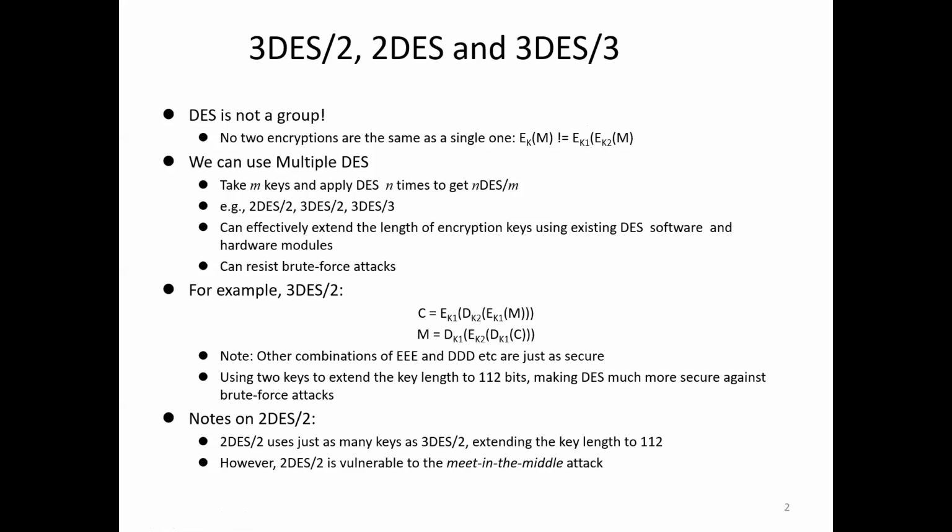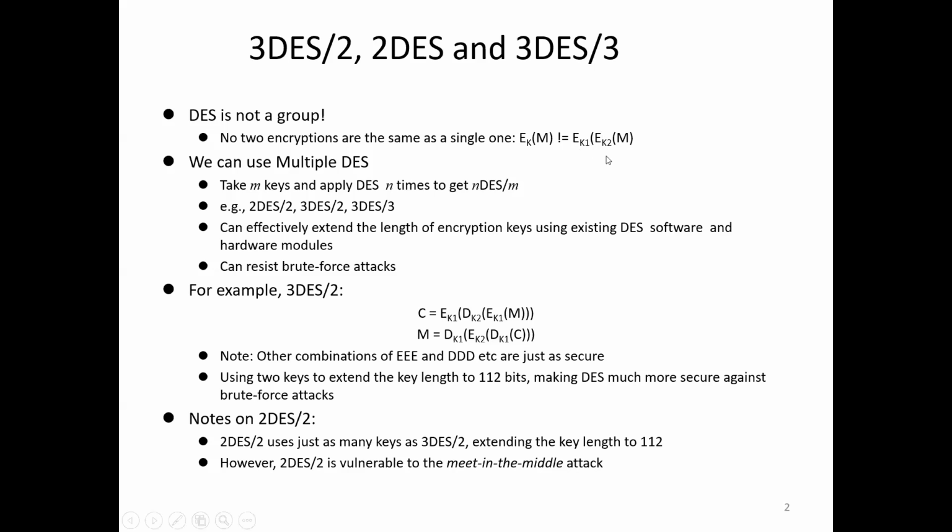So you can use this result to do DES several times with the effect of having a much longer secret key. For instance, each secret key K1 and K2 is 56 bits.